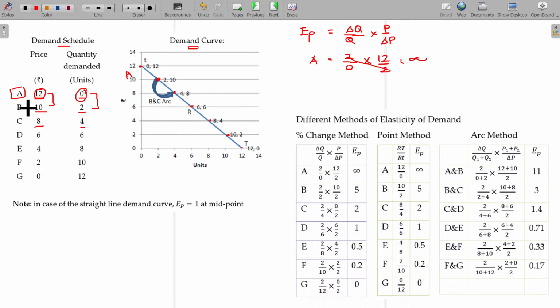And let me go for calculating the elasticity of demand at the point B. At point B, what happens? The quantity changes from 2 to 4.